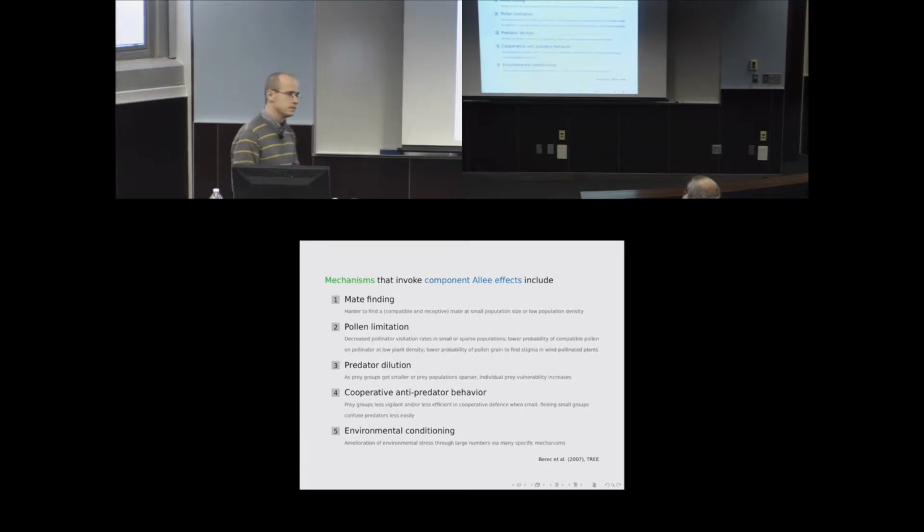Not all functional responses lead to predator dilution, but the most common functional response, the type 2 functional response, is an example of the predator functional response that leads to this kind of component Allee effect.